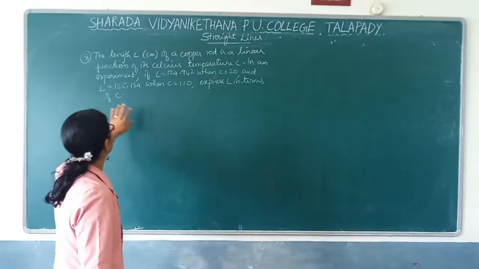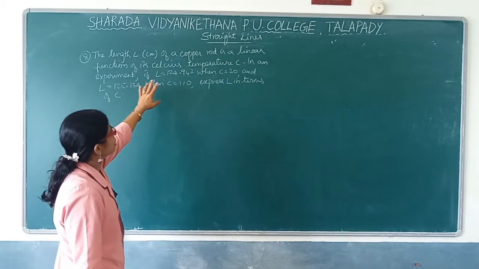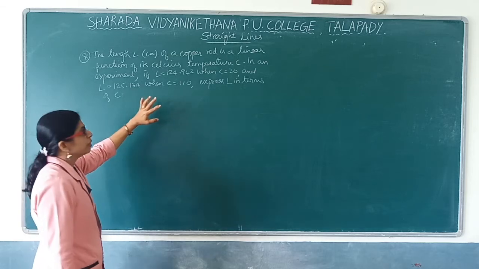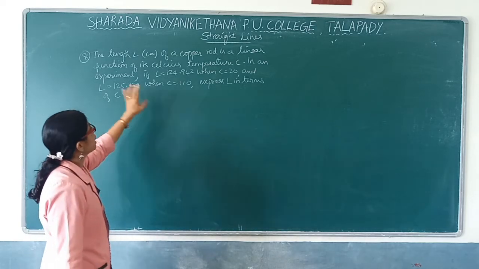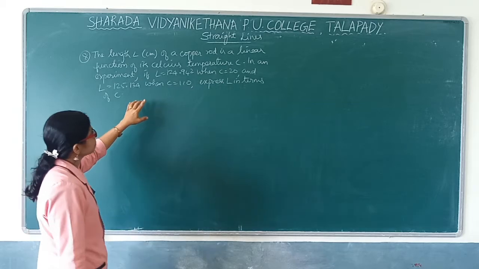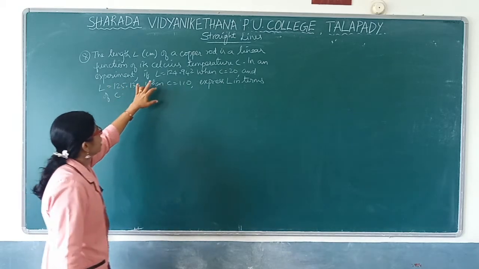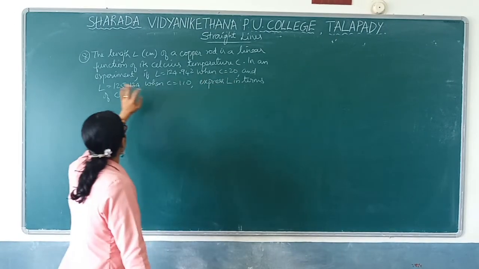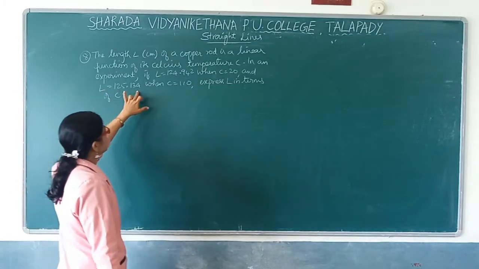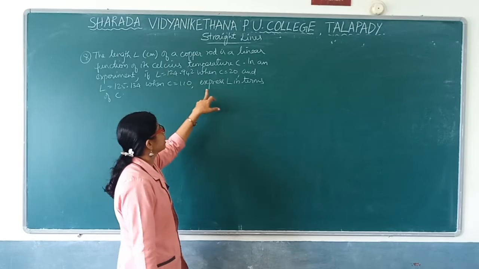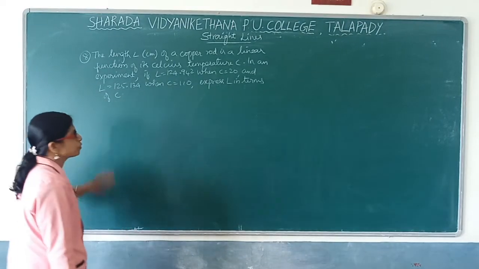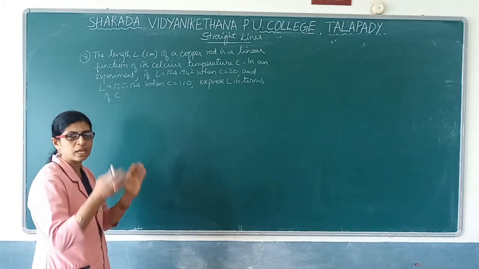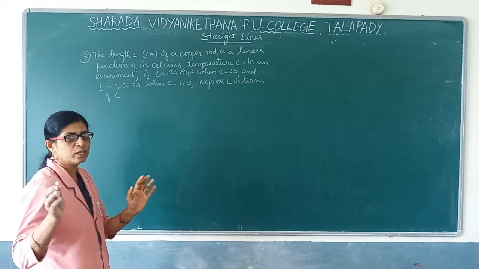Okay, so next problem. The length L in centimeters of a copper rod is a linear function of its Celsius temperature C. So here there is a relation between length and the Celsius scale temperature. In an experiment, if L is 124.942 when C is equal to 20 and L is equal to 125.134 when C is equal to 110, express L in terms of C. You have to write an expression for L in terms of C. So L is equal to something, such a relation you have to establish.